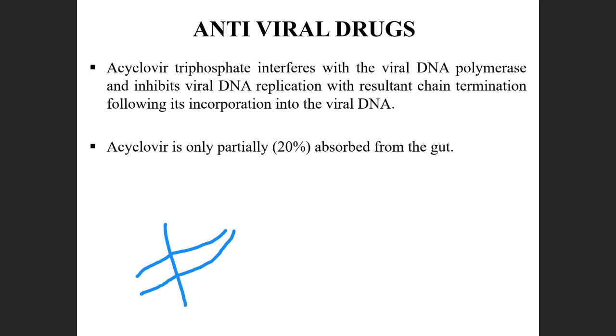So it inhibits the lengthening process of the viral DNA and the replication. The viral chain terminates, and the drug is incorporated inappropriately into the viral DNA. Acyclovir is only partly, about 20%, absorbed via the gut.